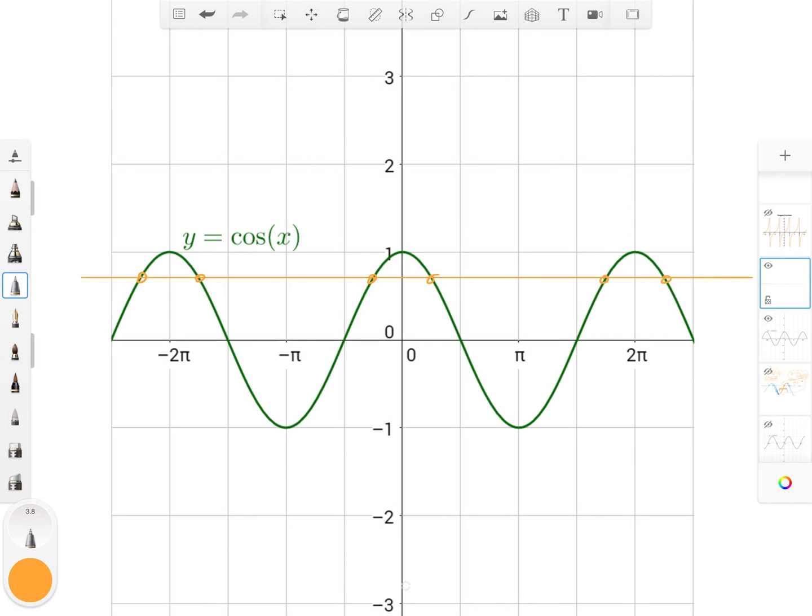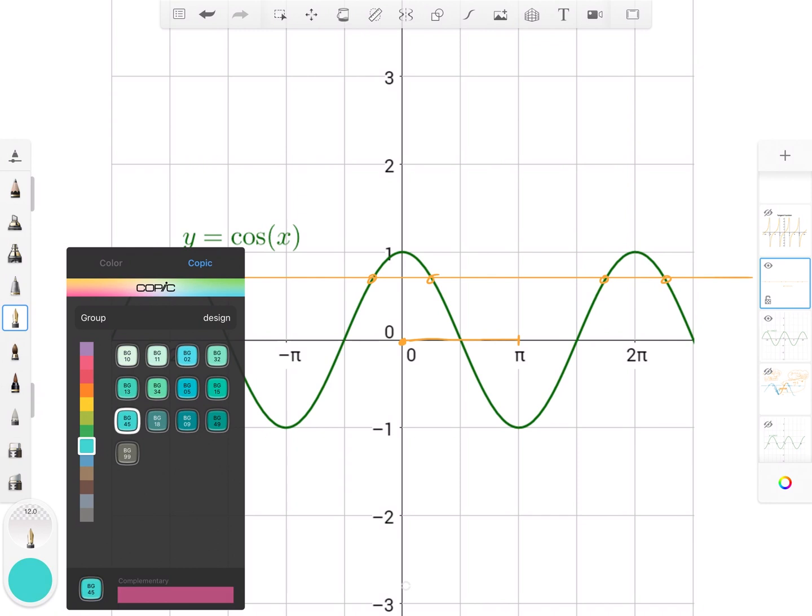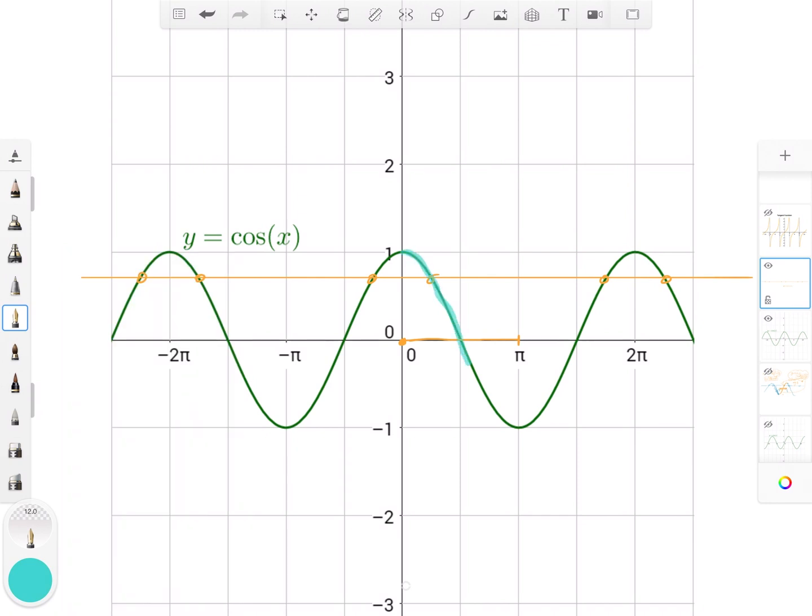We look at from 0 to pi, only this part of the graph. From 0 to pi, the horizontal line test crosses at 1 point. So cosine of x has an inverse, and the inverse is a function from 0 to pi only.